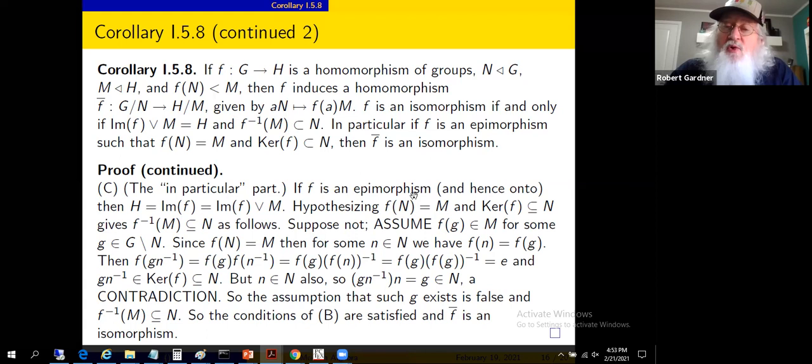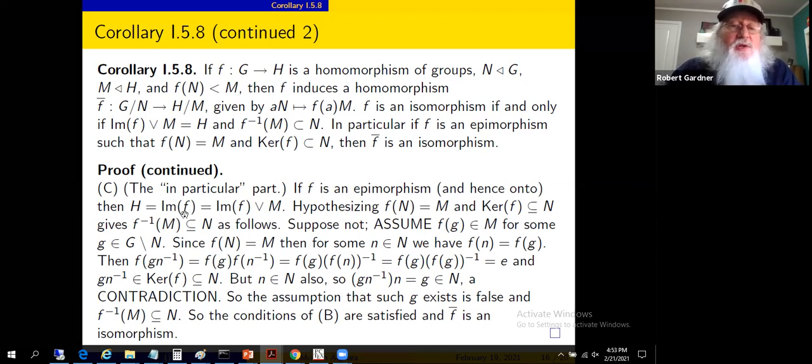If F is an epimorphism, an onto homomorphism, then being onto, being surjective, the image of F and H are the same. Remember, F mapped G onto H. If F is surjective, then the image is H itself.